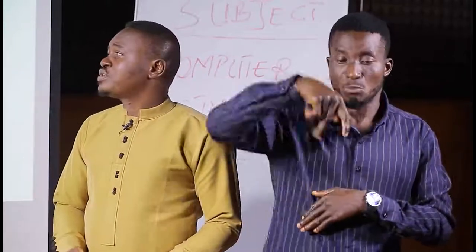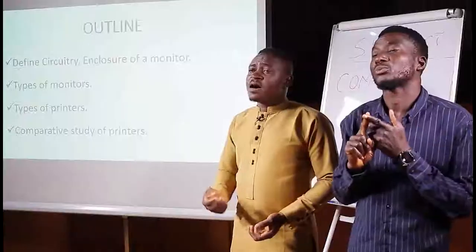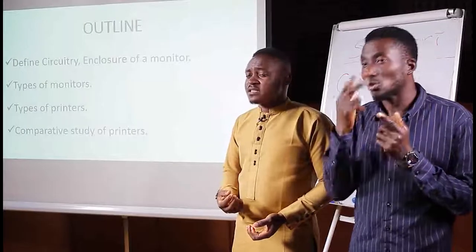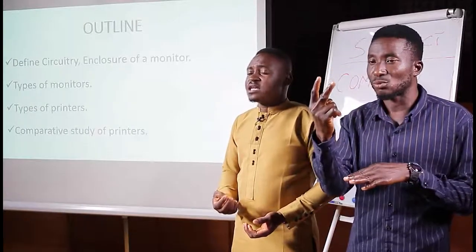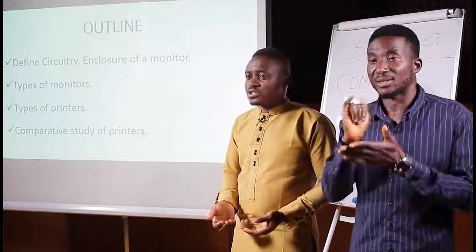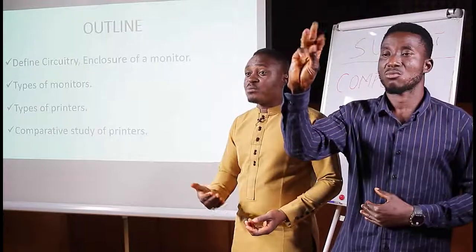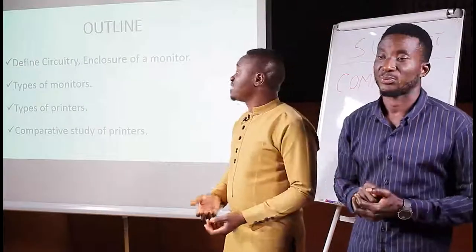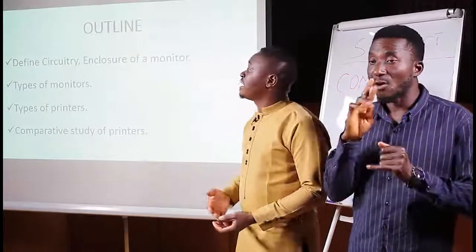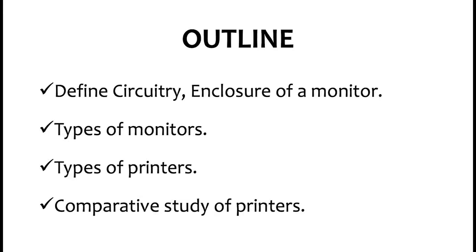Today we are going to be considering two major output devices, that is our printer and our monitor. We'll be seeing different types of printers and monitors. By the end of today's class, we hope to be able to define the circuitry and the enclosure of a monitor.